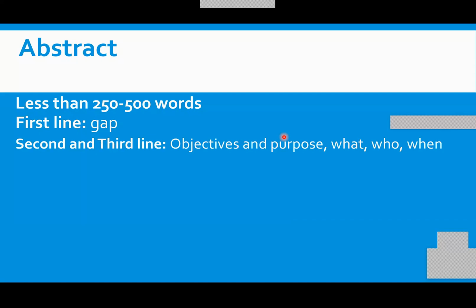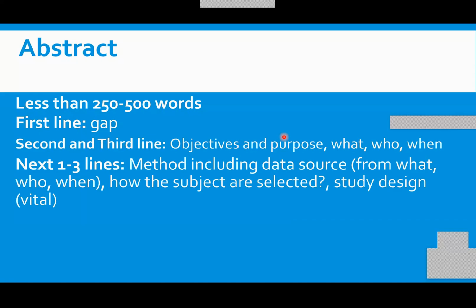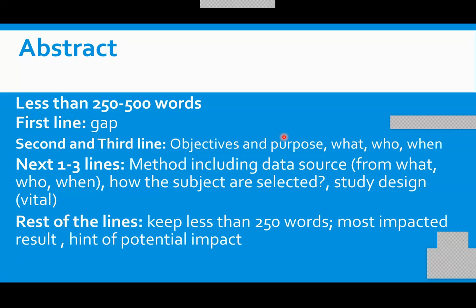The second and third lines will tell you the objective, the purpose: what, who, when, and where. The next three lines will include the methodology. And the rest, you have to keep it less than 50 words if the journal asks, about the result and the hint or the impact of the study. And the last line will be the conclusion or future direction.